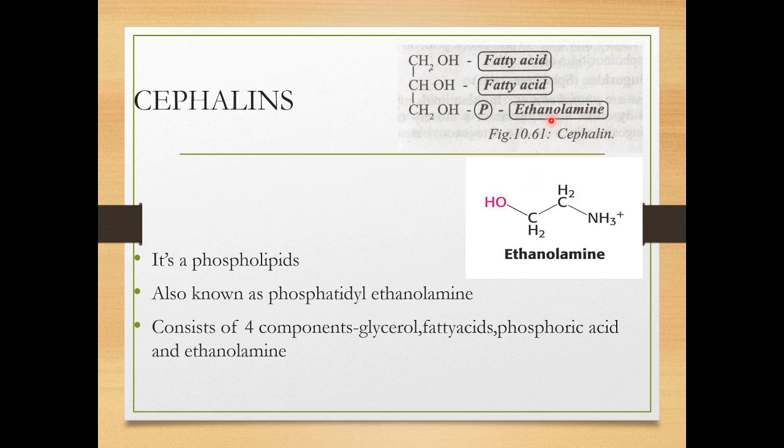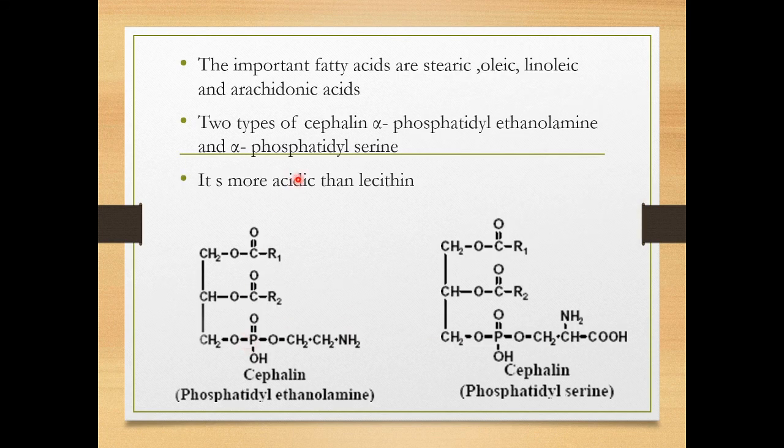In lecithin, the phosphate is bonded with choline, here in cephalin, it is esterified with ethanolamine. So it's also known as phosphatidyl ethanolamine. So how many components are there? There are four components: one glycerol molecule, two fatty acids, one phosphoric acid, and one ethanolamine.